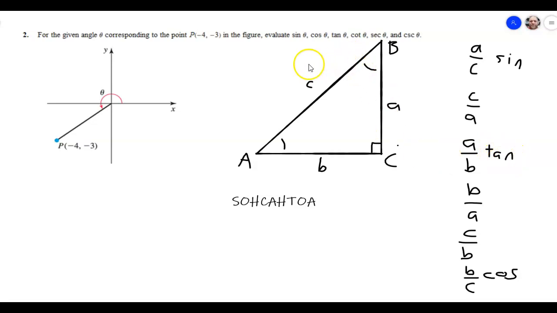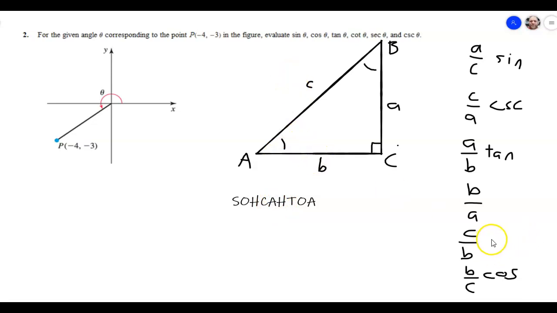And then the next 3 functions are all reciprocal functions of these. The cosecant is related to the sine, and instead of opposite over hypotenuse, it's hypotenuse over opposite. So it'd be C over A, which is right here. This is our cosecant, the reciprocal of sine. The related trig function to cosine is secant, which is hypotenuse over adjacent, so C over B, right here.